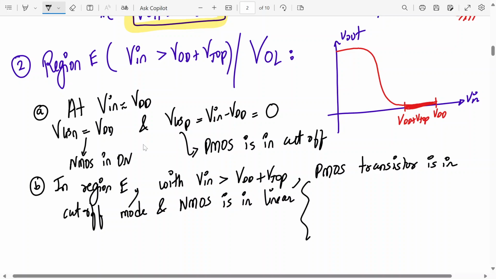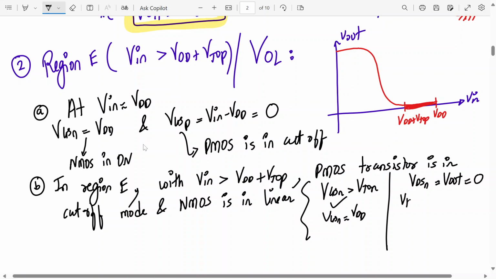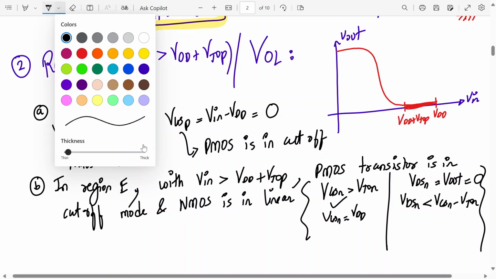How? See, first of all, VGS is greater than VTON. Yes, true, because VGSN is almost equal to VDD. Secondly, what about VDSN? That is equal to output. Output is almost 0 over here. So VDSN is actually less than VGSN minus VTON.